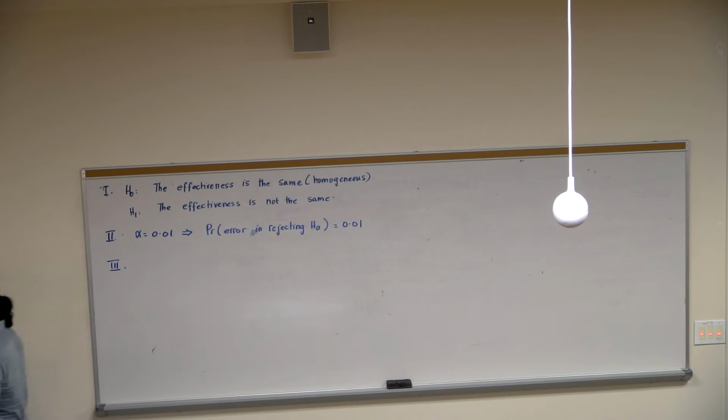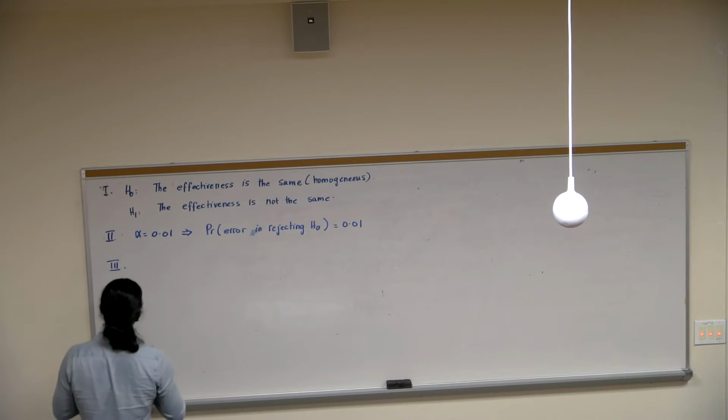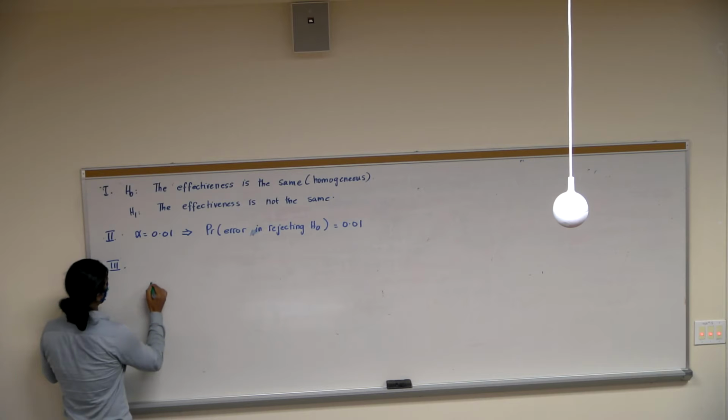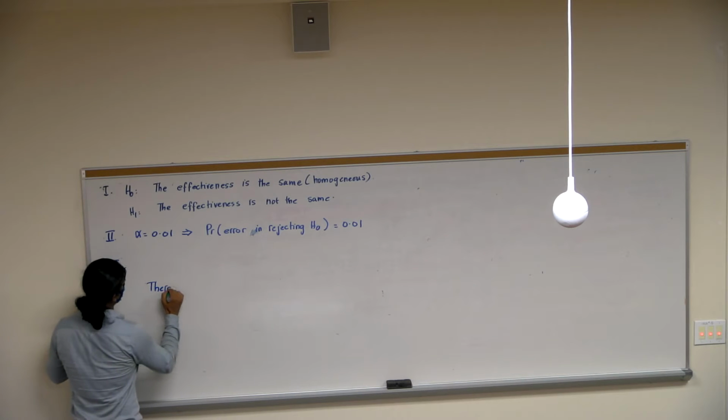What do we need to perform the test from last time? The table of observed frequencies and the table of expected frequencies. We have the table of observed frequencies, we just have to find the table of expected frequencies.